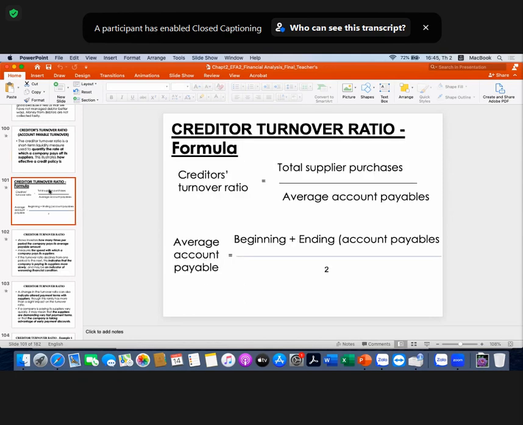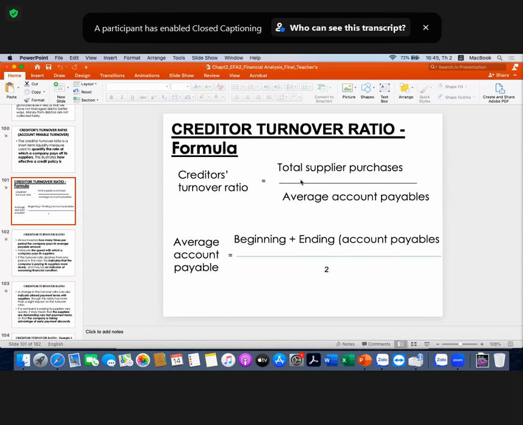It is calculated by taking the total supplier purchases dividing by average account payable. And average account payable is calculated by taking the sum of beginning and ending account payable dividing by 2.